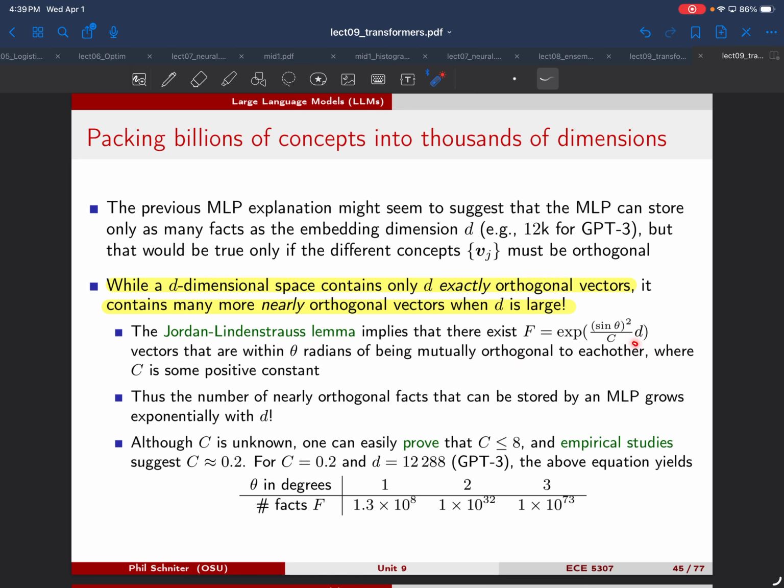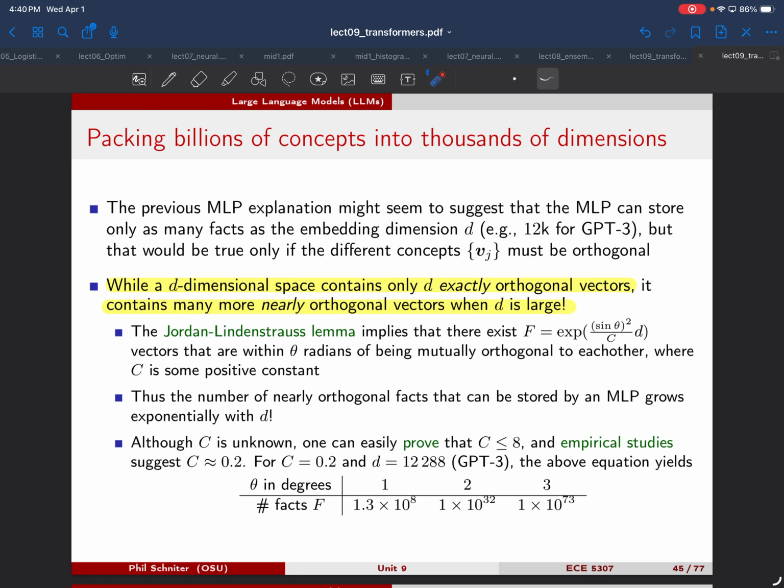So here's the dimension, D. This is some number, C, which people don't know exactly, but they've done some work to try to figure out what it is. And then sine of theta squared. So if you insist on being exactly orthogonal, then theta would be 0. But if you allow things to be within 1 degree, so between 89 and 91 degrees, then you would set theta to be whatever 1 degree is in radians. But the important thing is there's this exponential here.